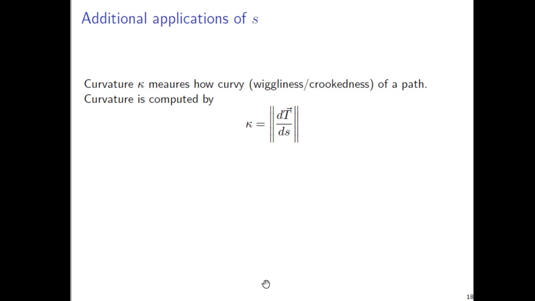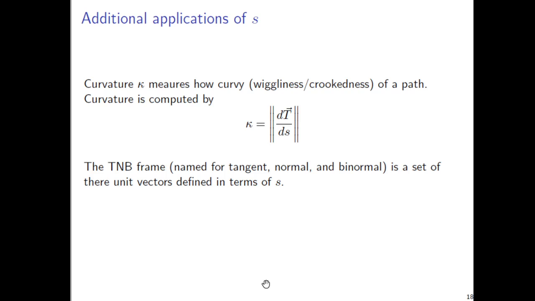It itself is a function in that instantaneously at each spot, for each value of t, you'll have a scalar corresponding to the curvature at a specific point, and it is computed as the magnitude of the derivative of the unit tangent vector with respect to the arc length. Okay, that's, again, let's not worry about it. We're not going to use it. It's not going to show up later on in Calc 3.